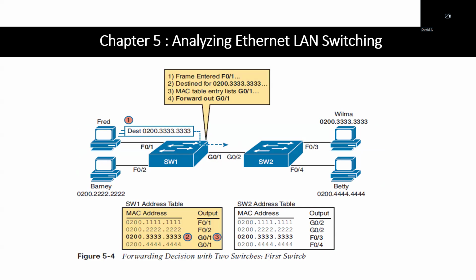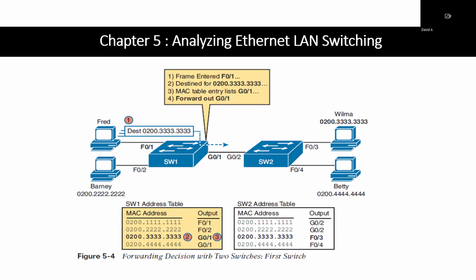So we talked about how the logic works. I'm not going to go over it again. This diagram goes over the same thing, but now we just added another switch. So Fred now has a new destination, 3.3.3.3. Switch one's MAC address table knows how to get to .3333.